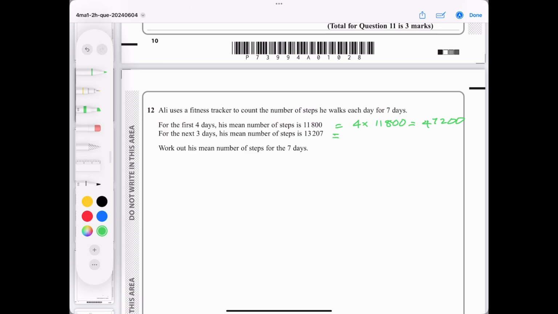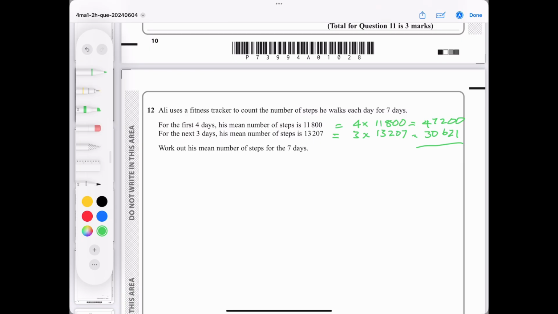And his total amount of steps for the next 3 days is 3 times 13,207. That's 3 times 13,207 equals 30,621.